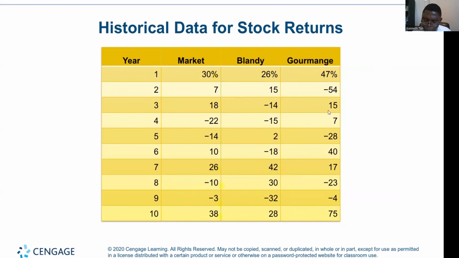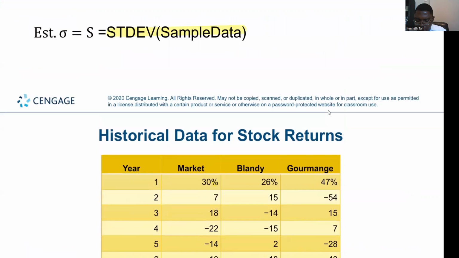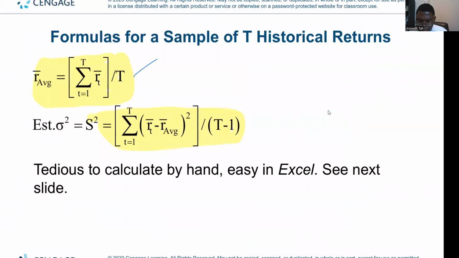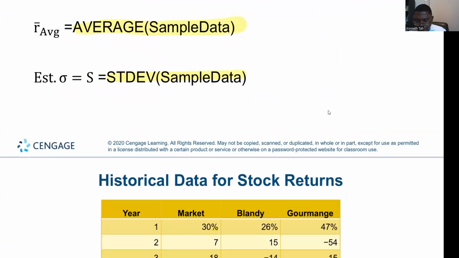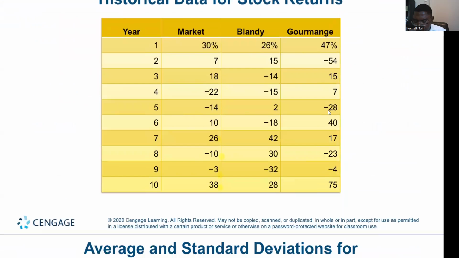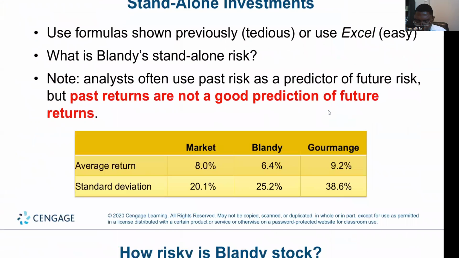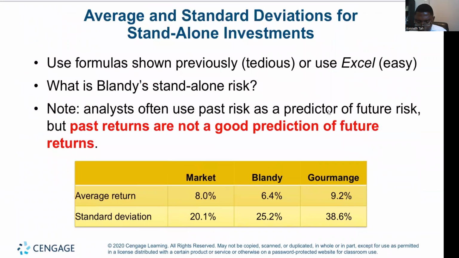Blandy is the same, we add all the returns and divide by 10. And then to calculate the standard deviation, we take each return minus the average return squared, we sum them up and we divide by T minus 1. Again, this can easily be done in Excel when we have large data like this.